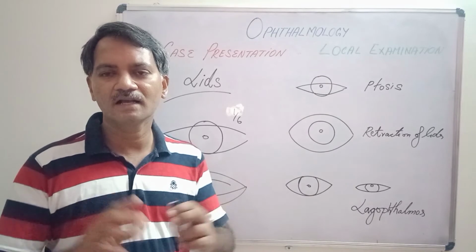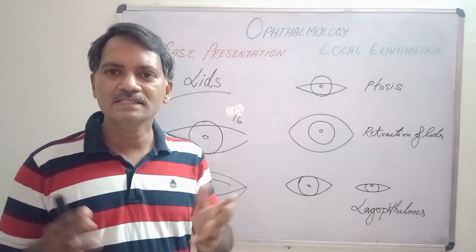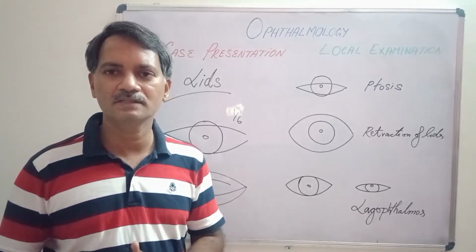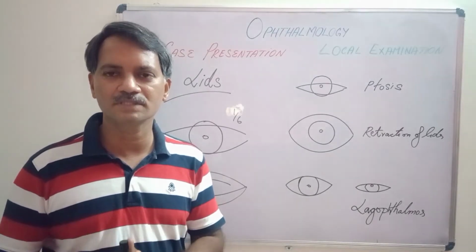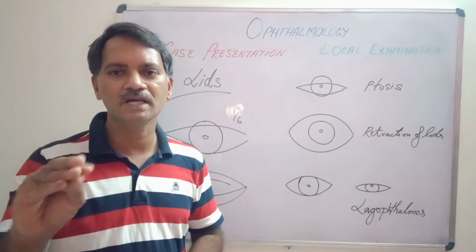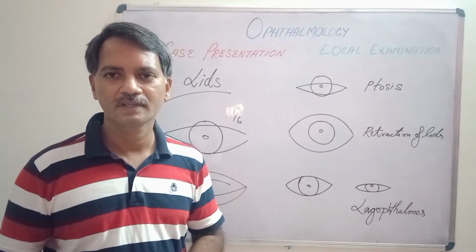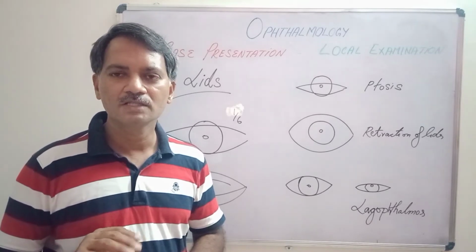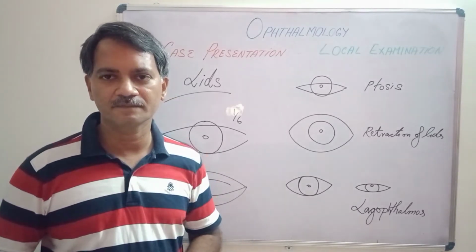This is called as lag of ophthalmos. A classical example for lag of ophthalmos is facial nerve paralysis, where the orbicularis muscle is not able to close the eyes. Sometimes the eye may be protruding outwards, so the lid is not able to cover it.